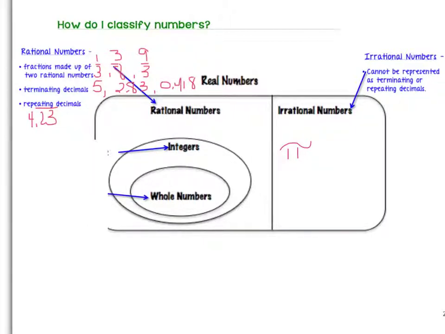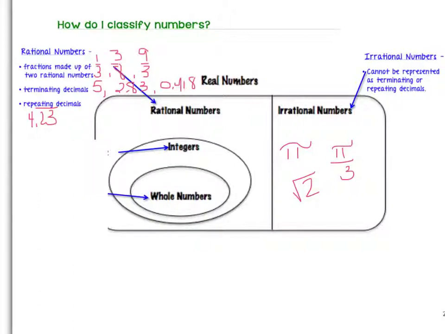So when I talked about rational numbers being fractions made up of rational numbers, well, here's a fraction that is not made up of all rational numbers. So pi/3, that's a fraction, but because it has an irrational number in it, it's not going to be a rational number. And then let's just put down something like the square root of 2, and we're going to come back to these at another time.